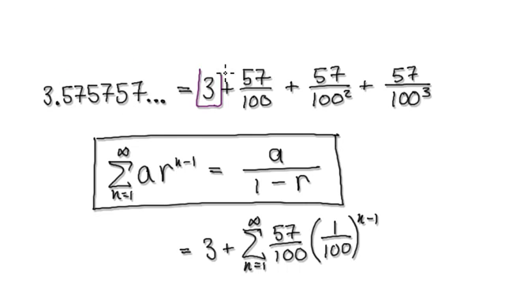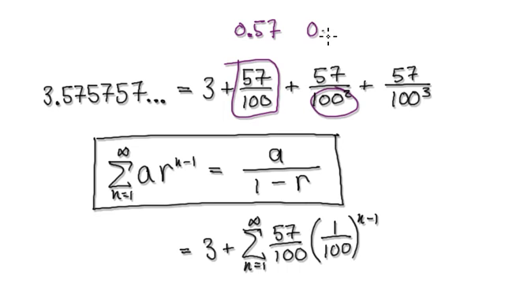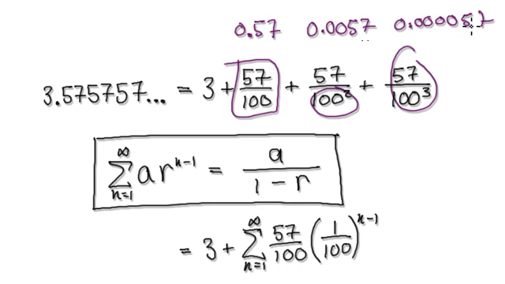Now this thing here can be rewritten as this, because this bit here is 0.57, this bit here is really 0.0057, and this bit here is really 0.000057.